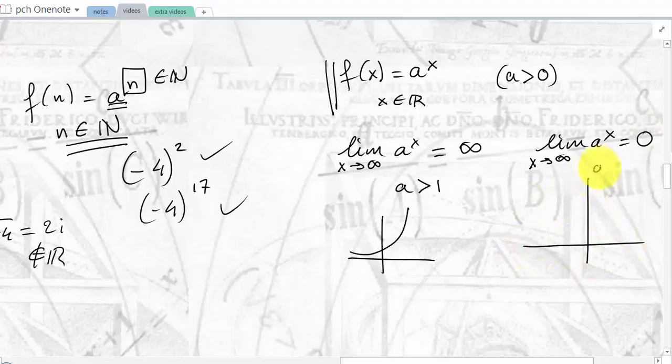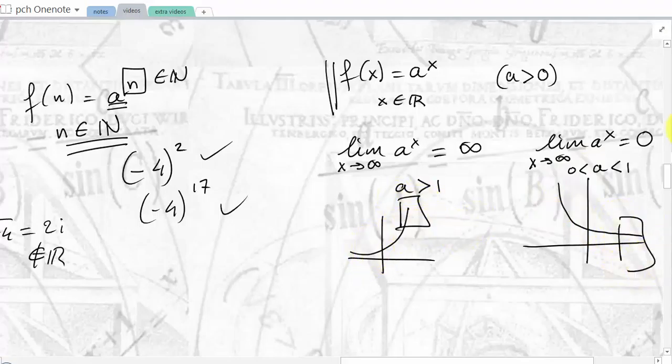The limit as x approaches infinity of a to the x was infinity if a was above 1, right? Because we're dealing with something like this. And the limit of a to the x as x approaches infinity was 0 if a was between 1 and 0, right? Because we had something like this. So again, I'm looking at this part right here.